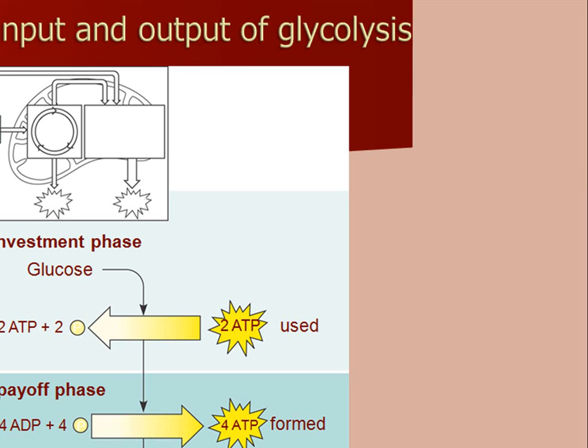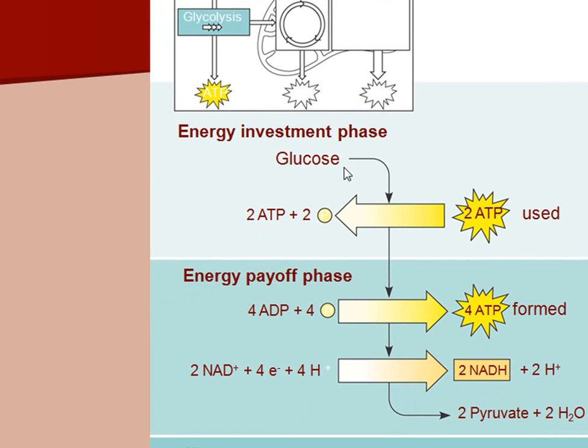Once again, to summarize, we start off with glucose. We must add 2 ATP molecules to the reaction to start it off. That is our energy investment phase. We then are able to make 4 ATPs, reduce 2 NADHs, and have left over 2 pyruvate molecules.